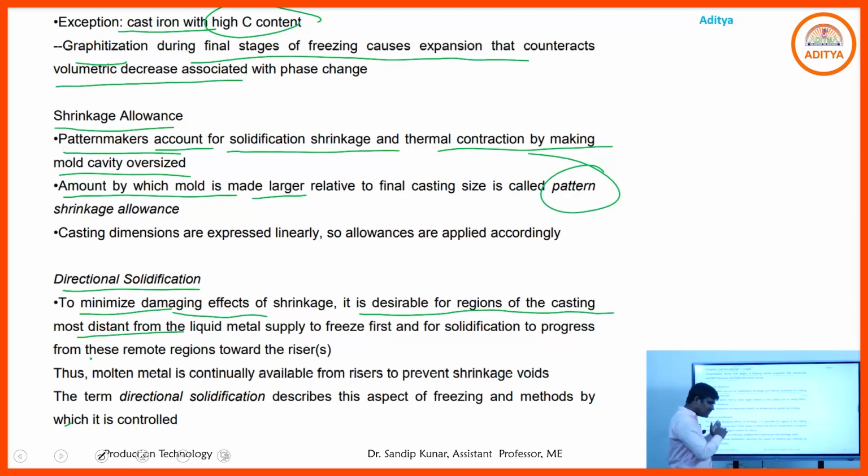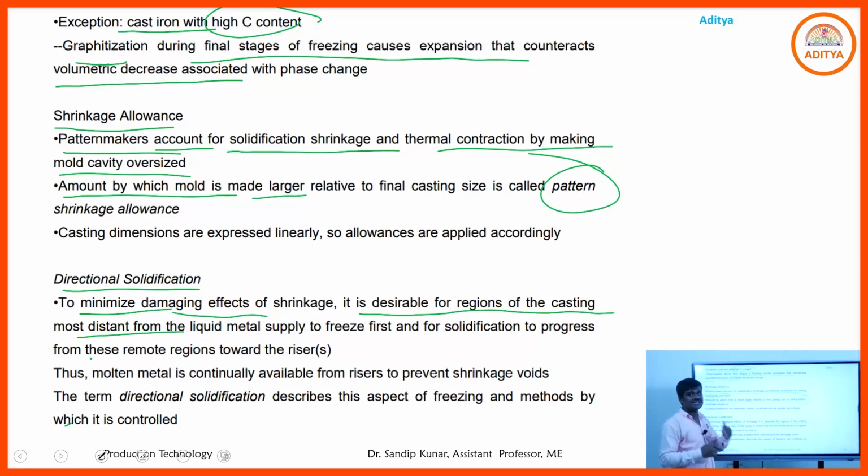When pouring, the molten metal goes into the mold cavity, so first solidification and liquid contraction take place in that particular mold cavity. After that, solidification takes place in the path between the mold cavity and the riser. Then finally solidification takes place in the riser. Solidification in the mold cavity must take place before the riser.